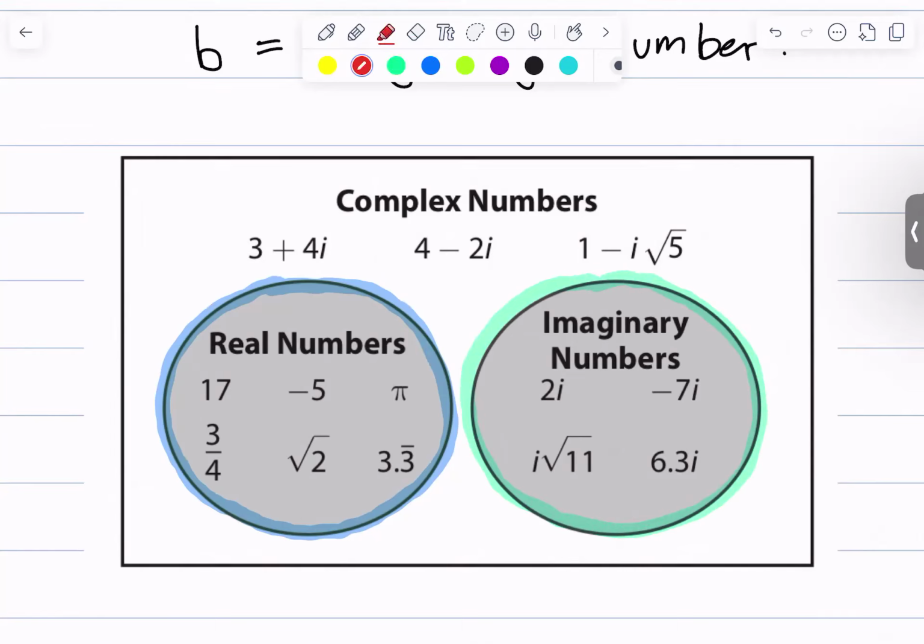So what a complex number is, it's just a real number like 3, like 4, or like 1, plus or minus an imaginary number like 4i, 2i, and i square root of 5. Okay? So it's just a sum or difference between a real and an imaginary number.